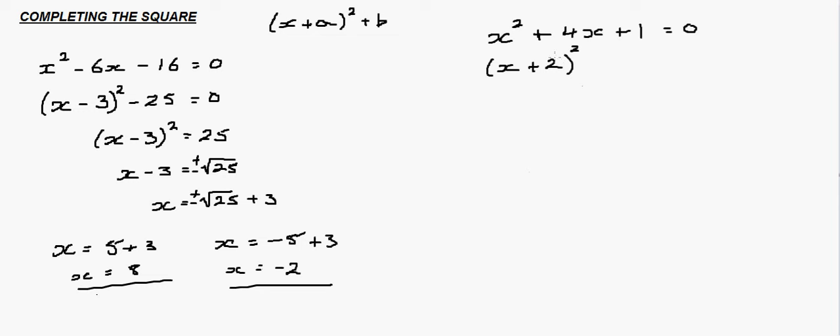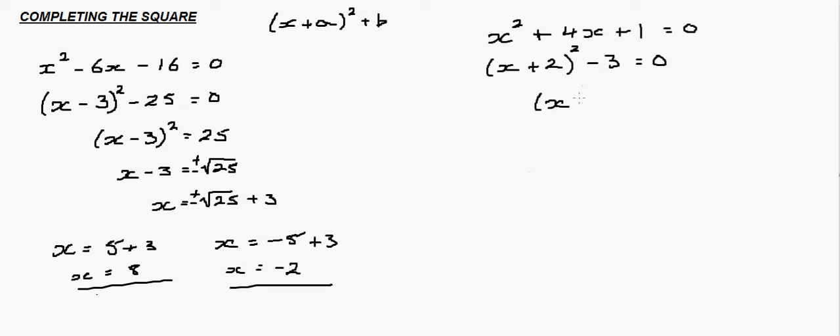So if I square 2, I get 4. Now what do I need to do to 4 to get 1? I need to subtract 3. So this will equal 0. So I can answer this first part of the question. Now to solve this question, first thing I do again is move the number.